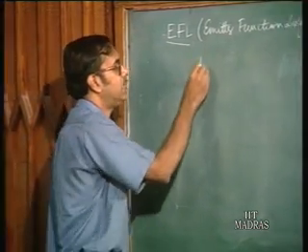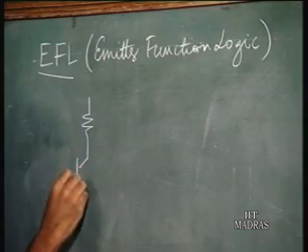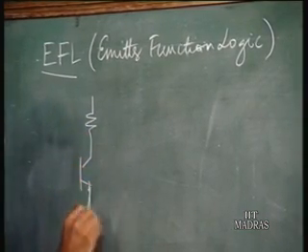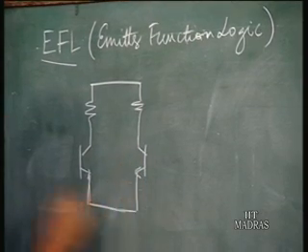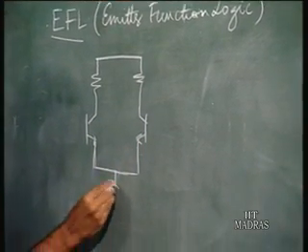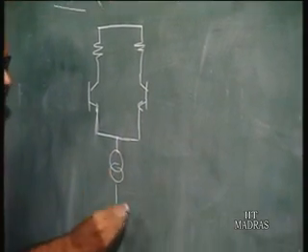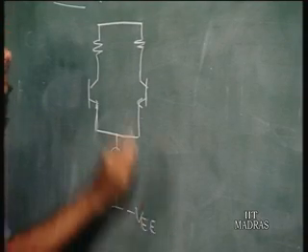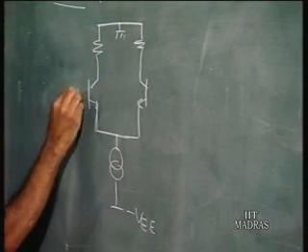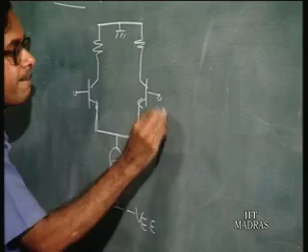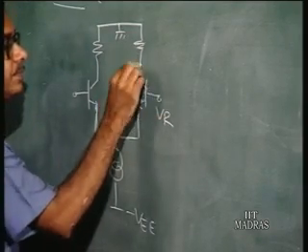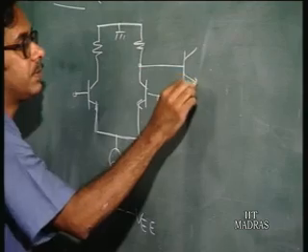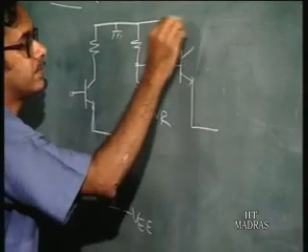So, the ECL gate, you know, the basic structure is something like this. You have a current source, this is ground, this is the input, this is VR. And this output here, say, is going to many different such gates.